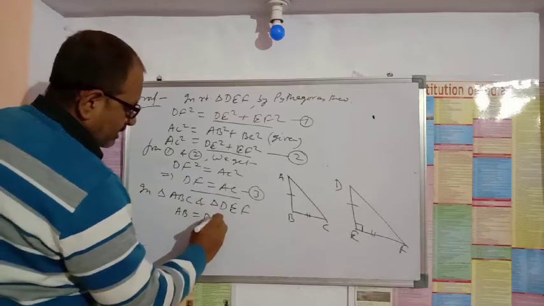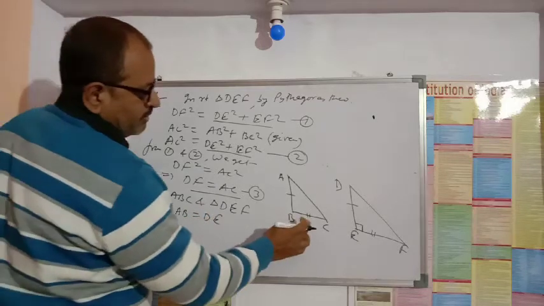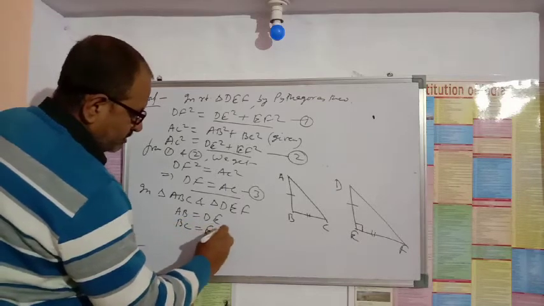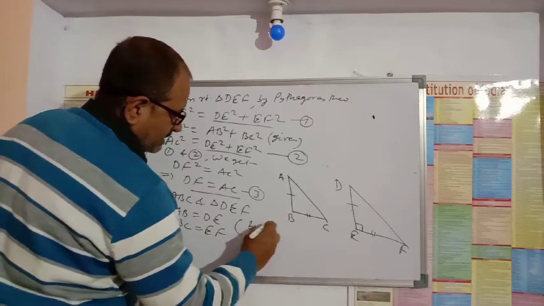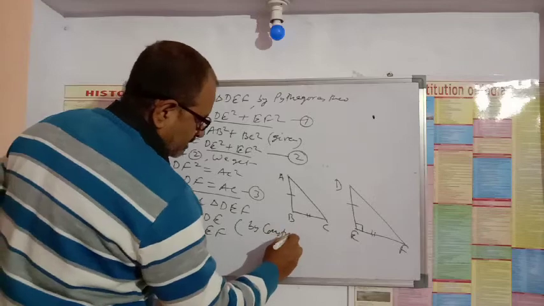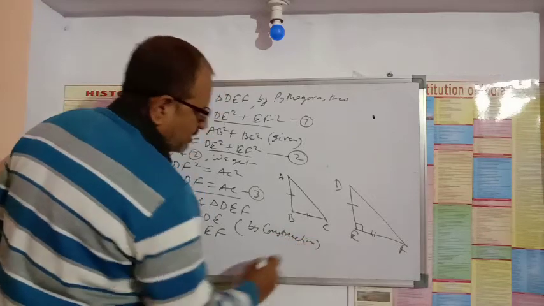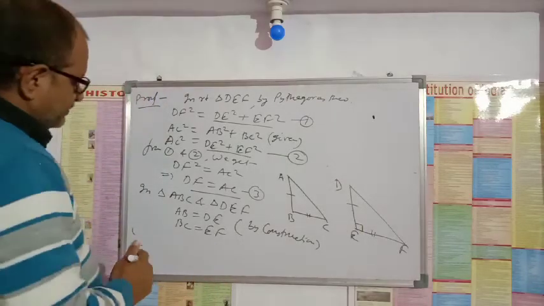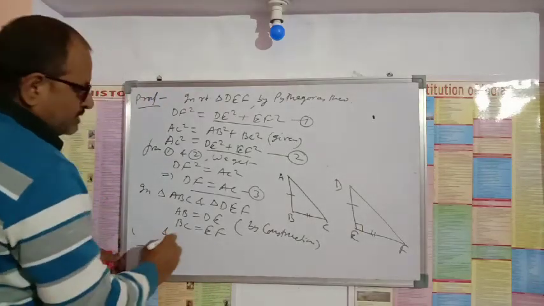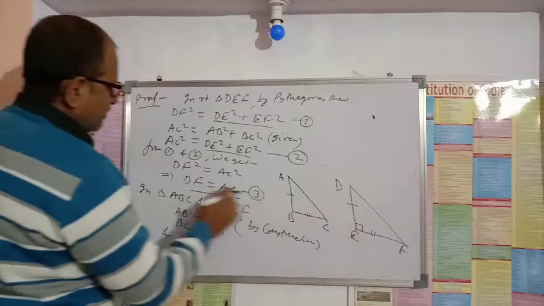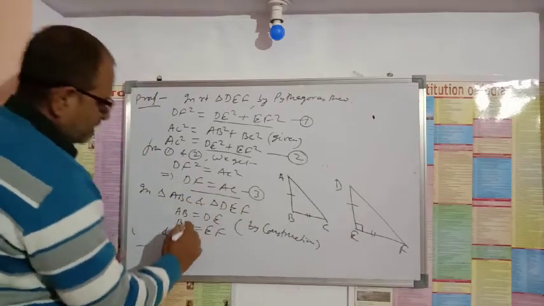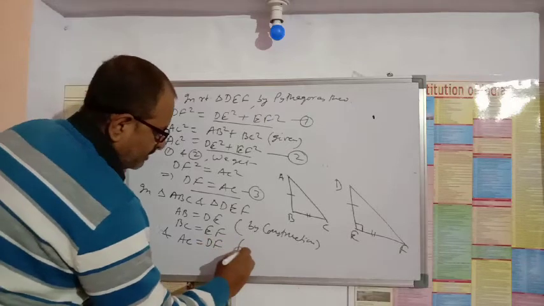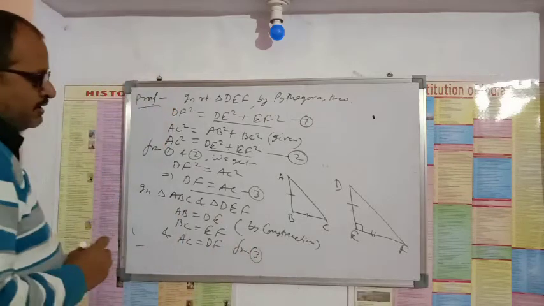BC is equal to EF by construction. We have taken these two sides equal by construction. And AC is equal to DF, we have proved here from third.